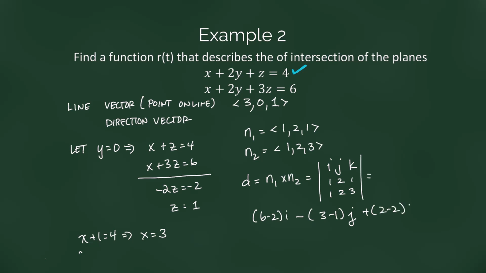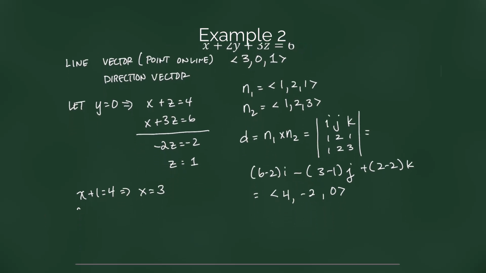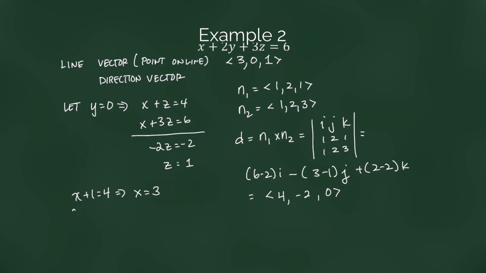So we get the vector 4, negative 2, 0 as our direction vector. So now we have a point and a direction vector. So our line is going to be, we start off with our point, 3, 0, 1, and we add to that our parameter t times our direction vector.